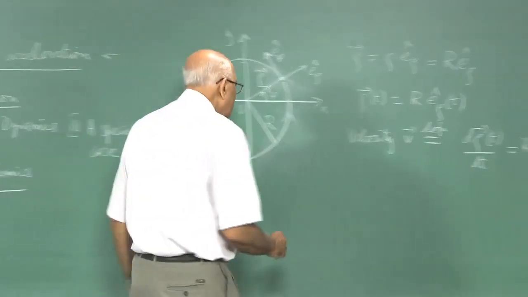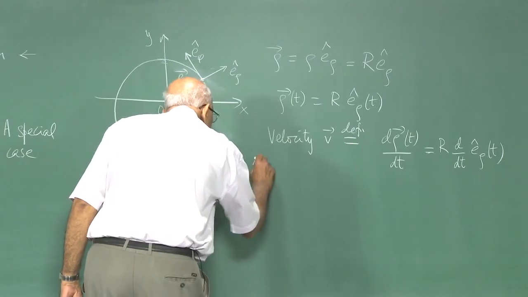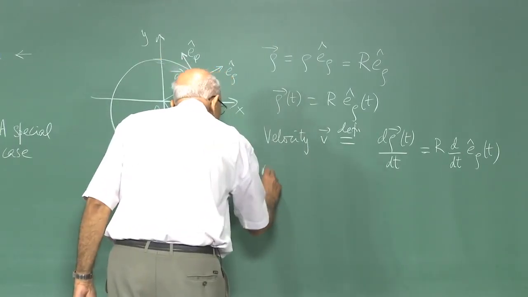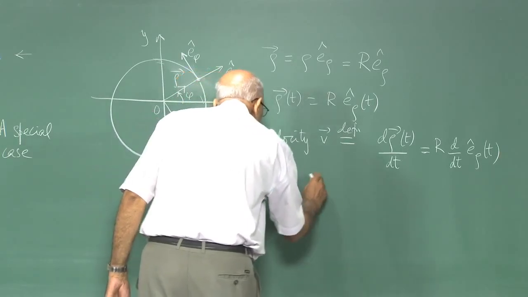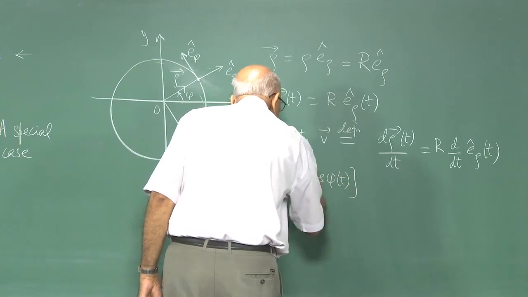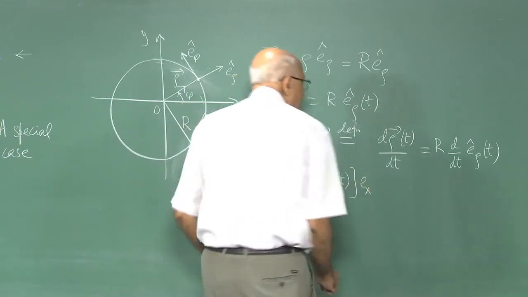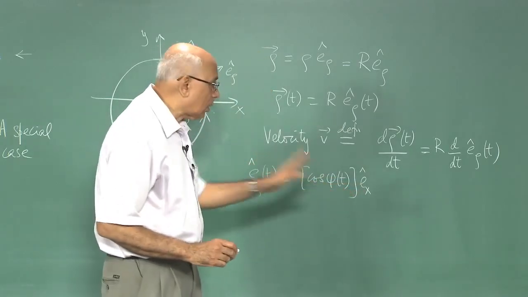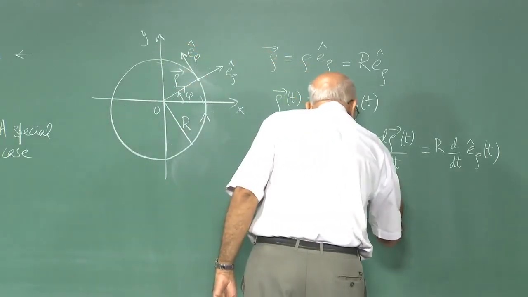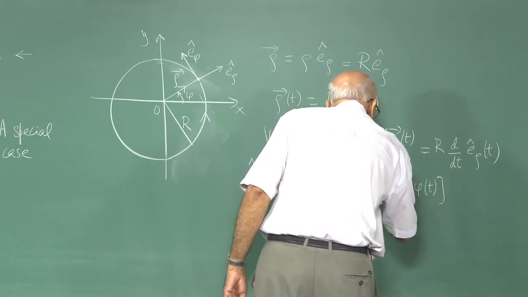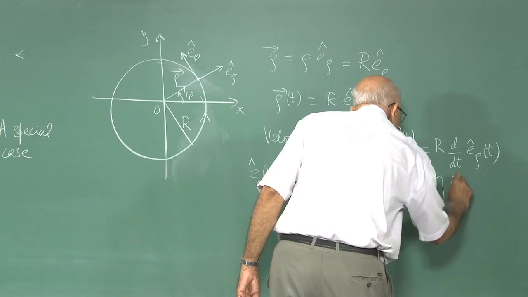One of them is to say that E rho at any instant of time t is equal to cosine of phi, which is a function of time, times Ex, and no argument of t here because that is a constant vector, plus sine phi, which is a function of t, times Ey.